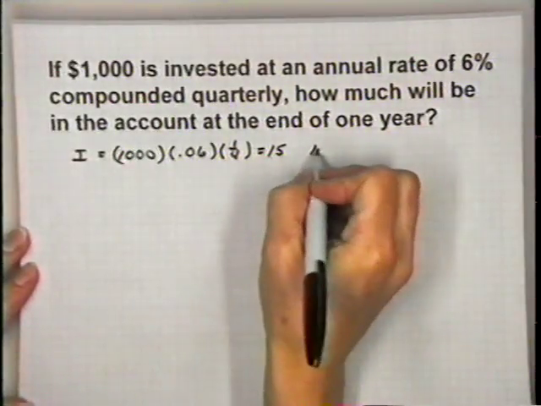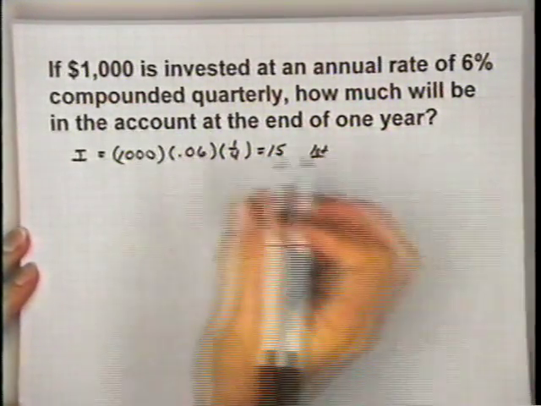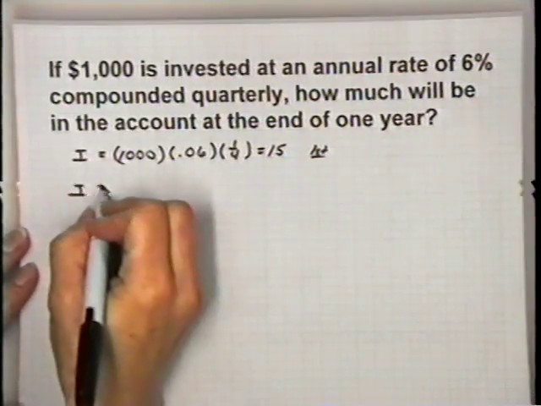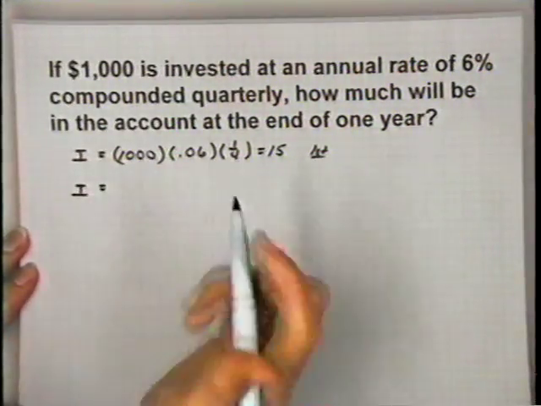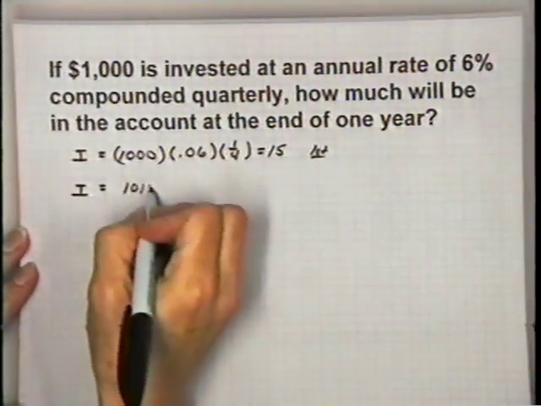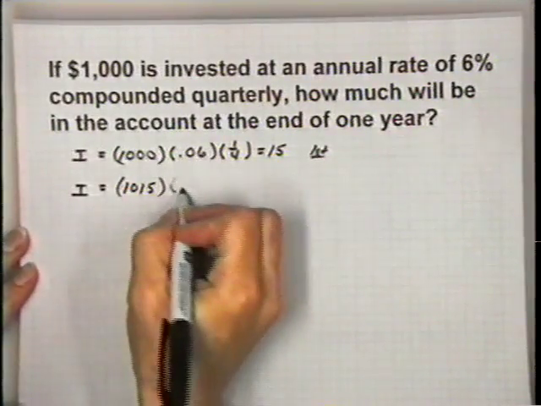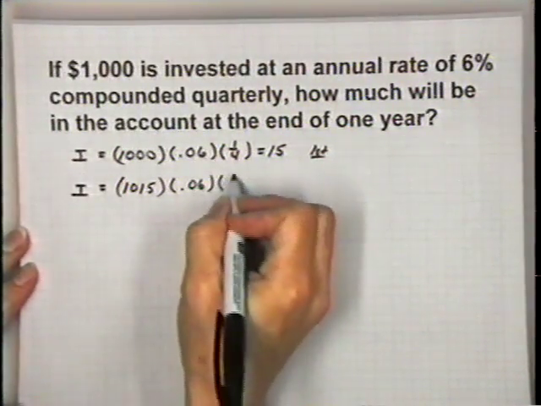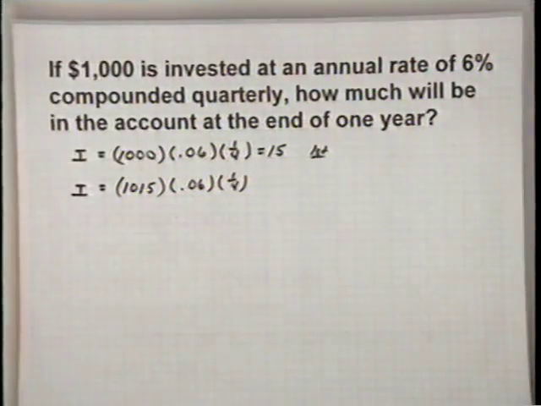Now, this is the first time, right? Okay, the second time that they pay me interest, I'm going to add this 15 in with that 1,000. They're going to pay me interest on $1,015 at 6%. Notice again, my time is still going to be 1/4 of a year, isn't it? So let me put in my 1,015 times my 0.06 divided by 4.